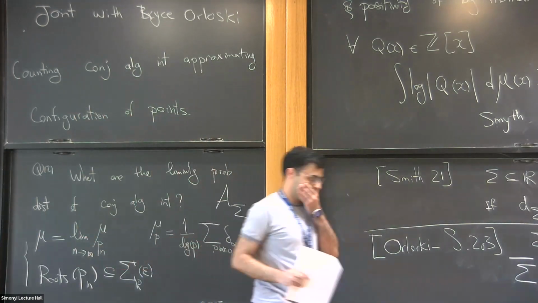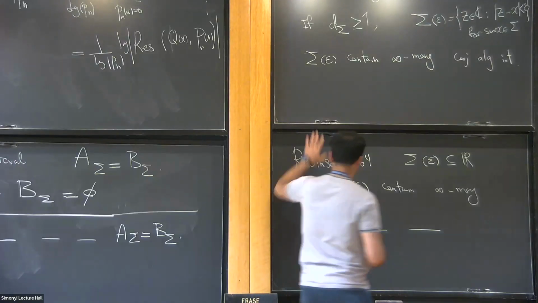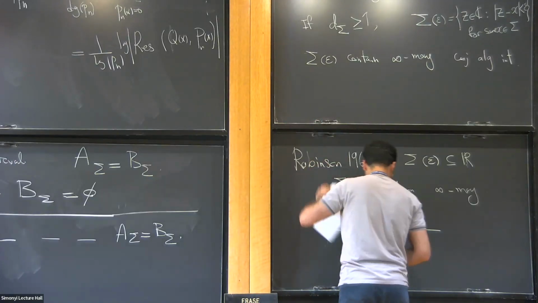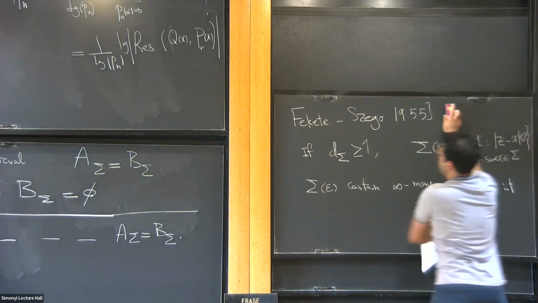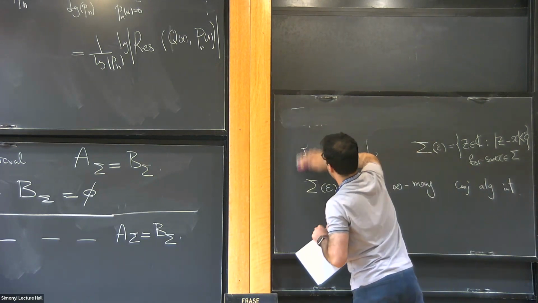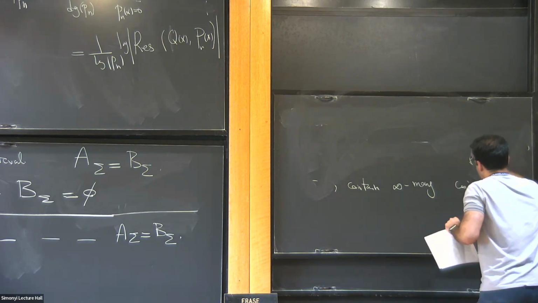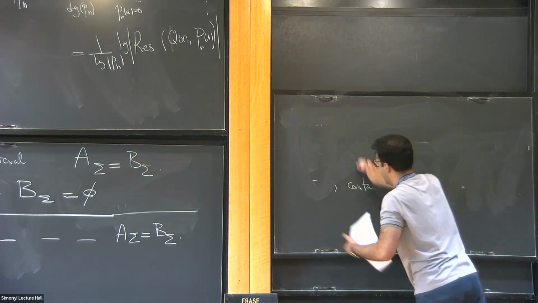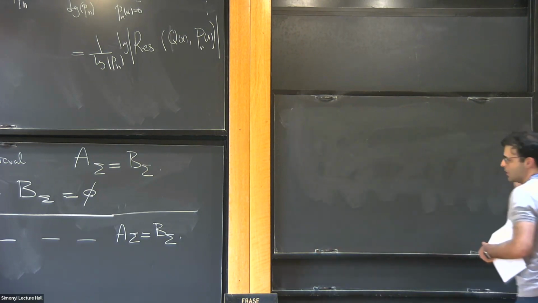So the next question that I'm going to raise is going to be related to the observation that I made at the beginning about the number of conjugate algebraic integers like this converging to a given distribution.